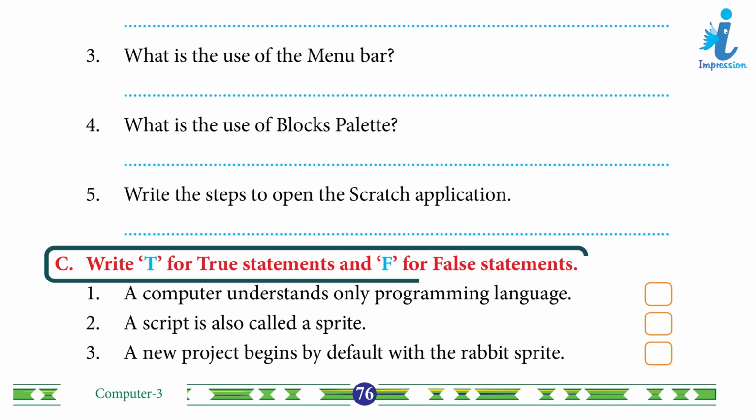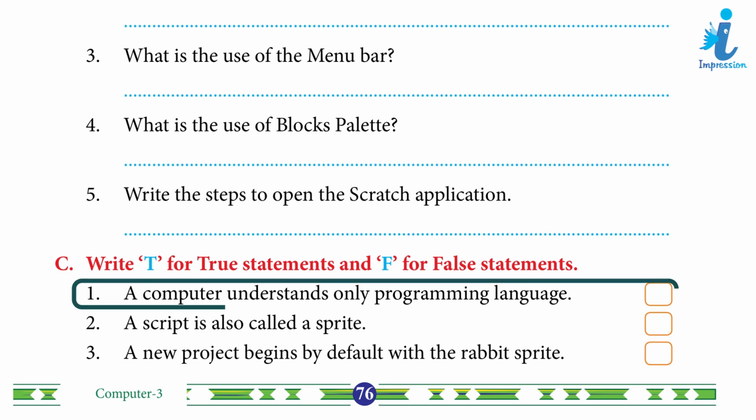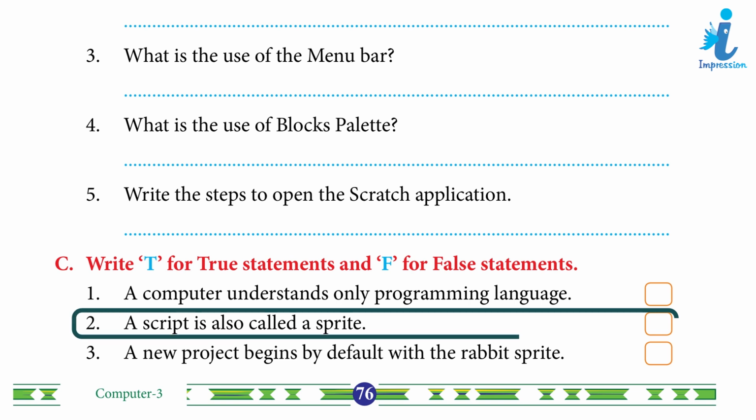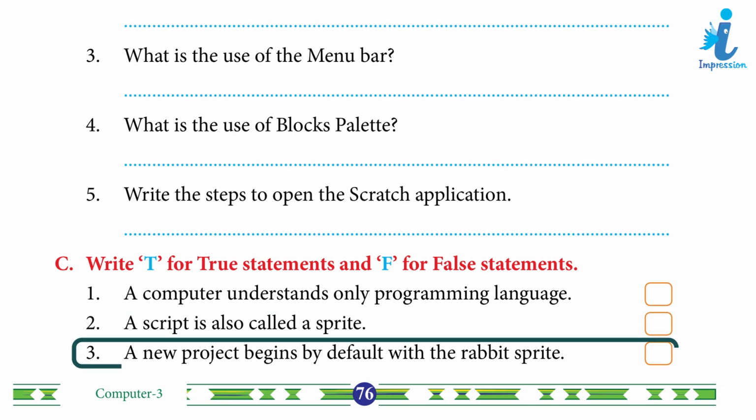C. Write T for true statements and F for false statements. 1. A computer understands only programming language. Answer: True. 2. A script is also called a sprite. Answer: False. 3. A new project begins by default with the rabbit sprite.